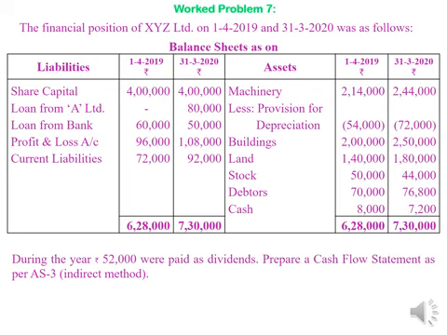Then during the year 52,000 were paid as dividends is given. So this adjustment has to be added back to profits, and we should consider it as financing activity while calculating cash flow from financing activity.